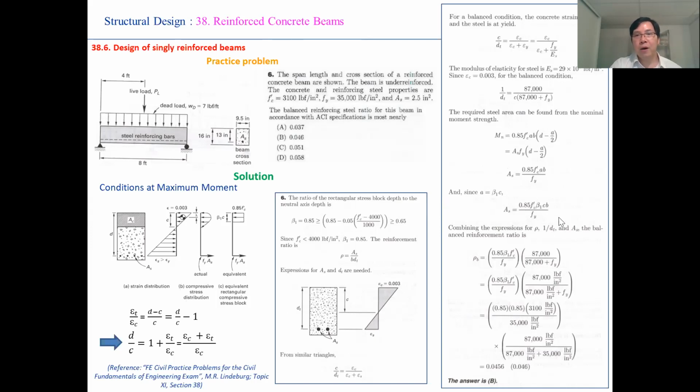and after, because a equals beta 1 times c, so you can see here beta 1 times c equals a. See it, it is the height of the compressive zone of the compressive concrete for the equivalent rectangular compressive stress block.